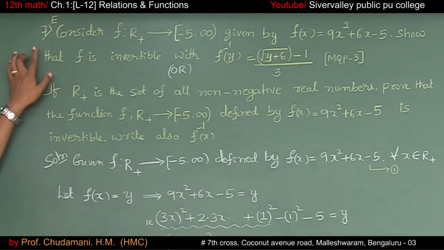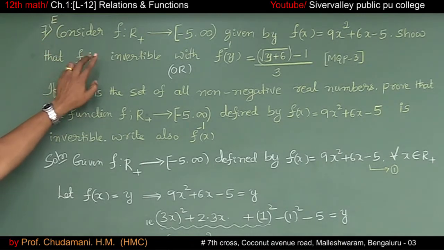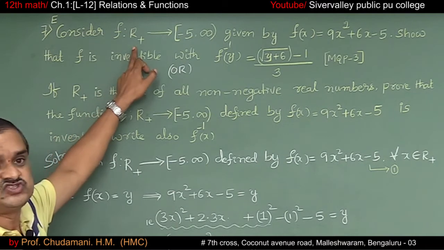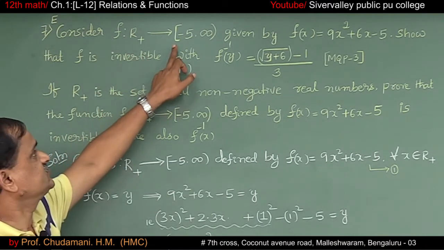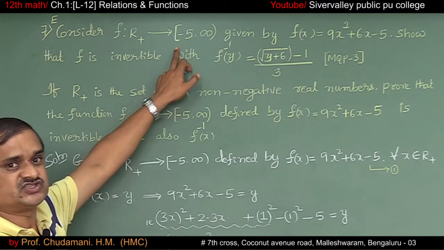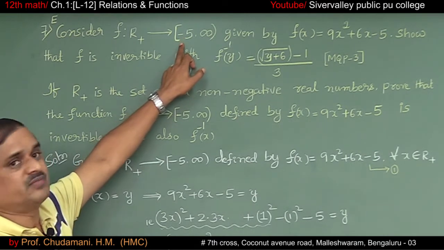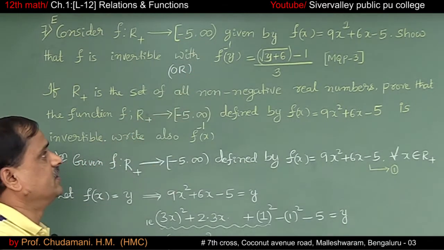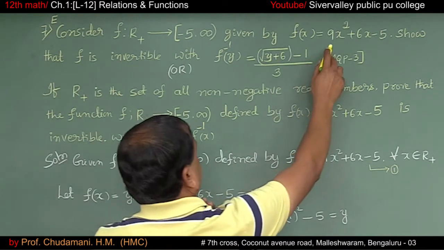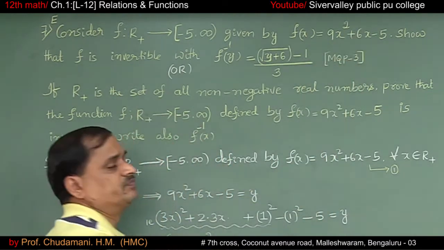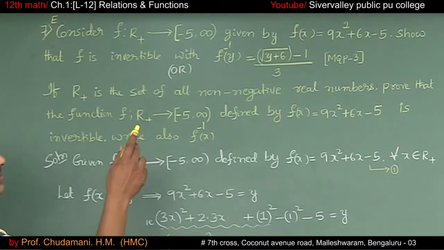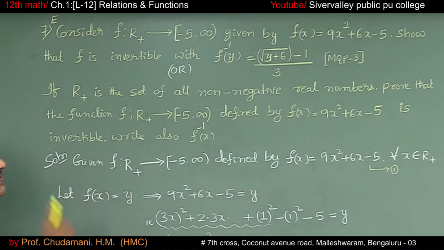The next question, the 7th one, an exercise problem. Consider f from the set of positive real numbers to the closed interval minus 5 comma infinity given by f of x is equal to 9x square plus 6x minus 5.